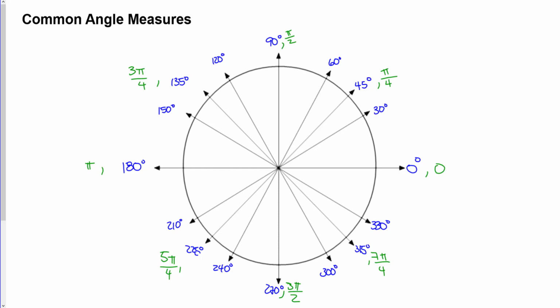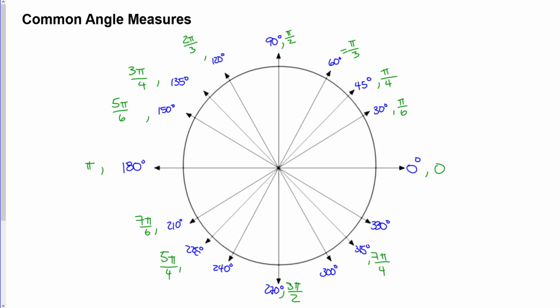For 30-degree angle measures, the equivalent is pi over 6. For 60, it is pi over 3. In quadrant 2, we have 2 pi over 3, equivalent to 120 degrees, and 150 is 5 pi over 6. 210, if you convert it, would be 7 pi over 6.